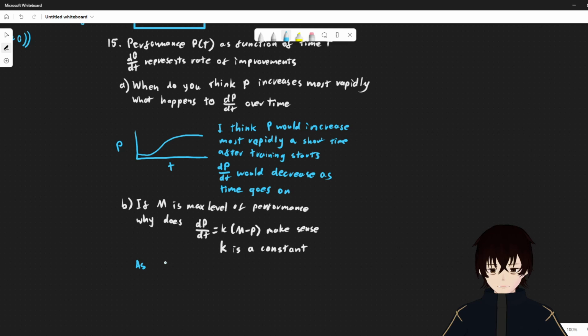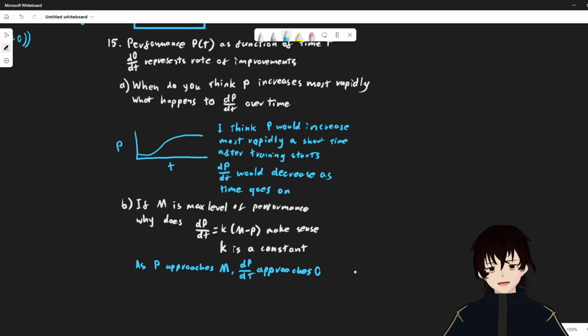As P approaches M, dP/dt approaches 0. That's why it makes sense.